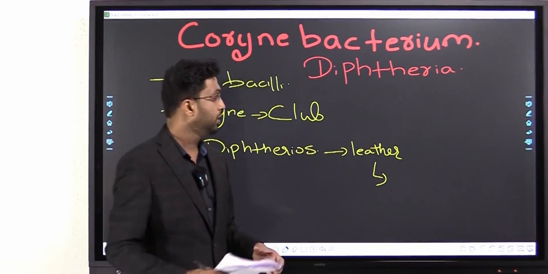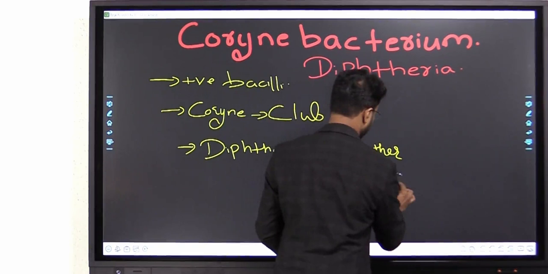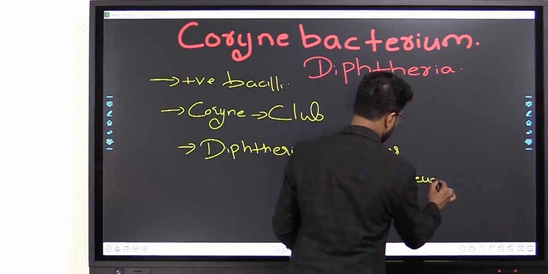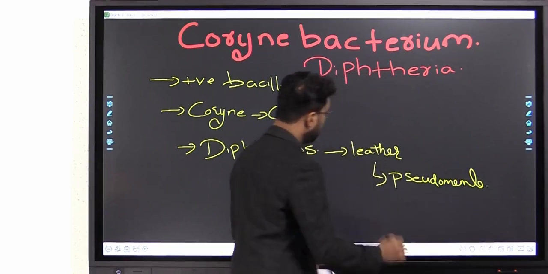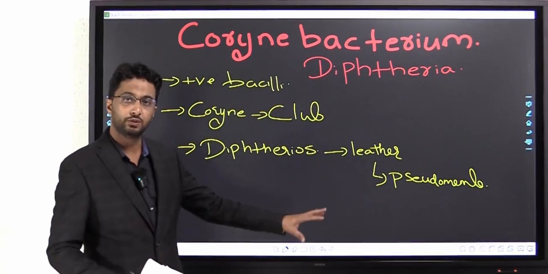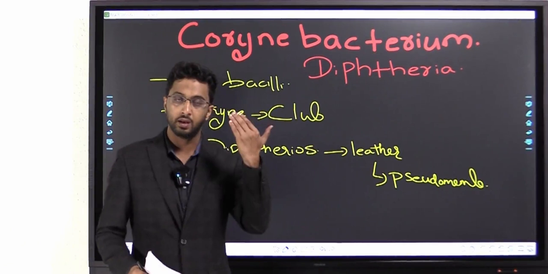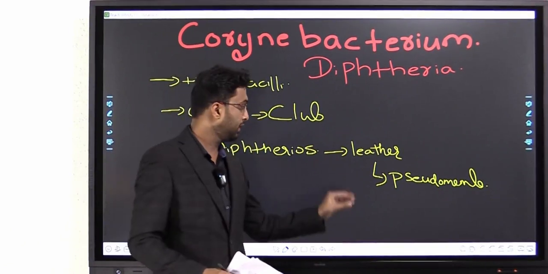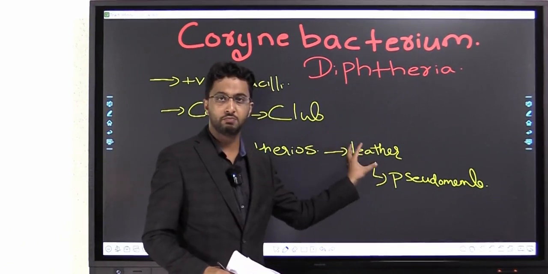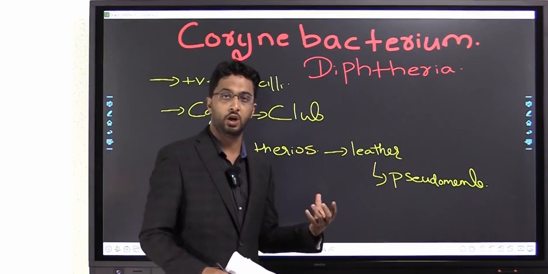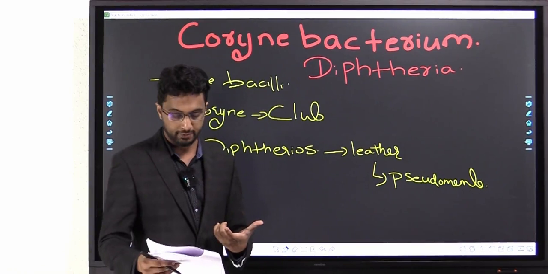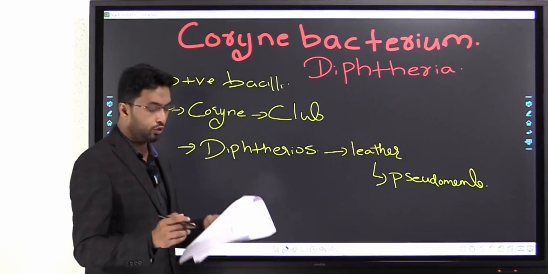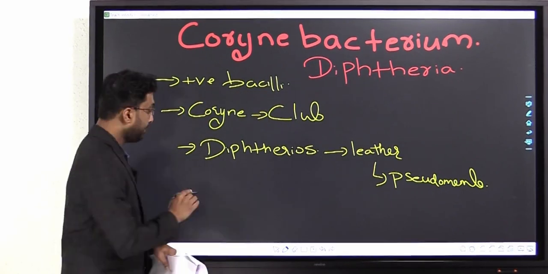We'll study a little bit of details on that. Due to the consistency of this membrane, which is a leather consistency, it's called diphtherios.